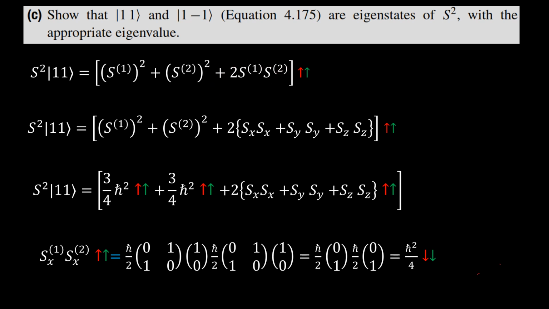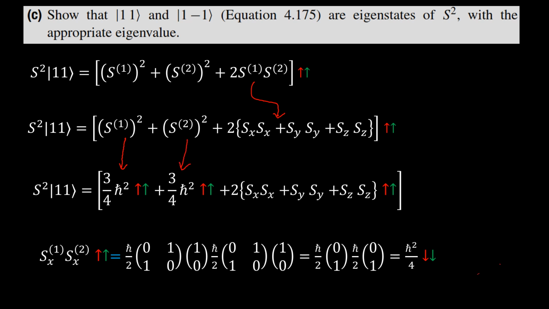Then this 2 S1 dot S2 can be expanded like this: SxSx, SySy and SzSz. Both act on the spin up state, so all act on the spin up state. We have already seen that when S1 squared acts on the spin up state, it will not change the state. You will get the spin up with the multiplicative factor 3 by 4 H cross squared. Same is the case with this one.